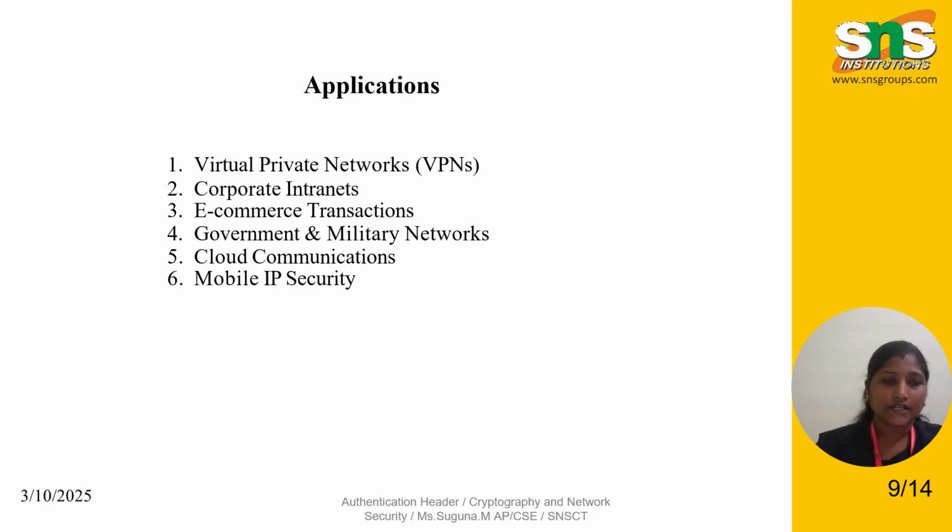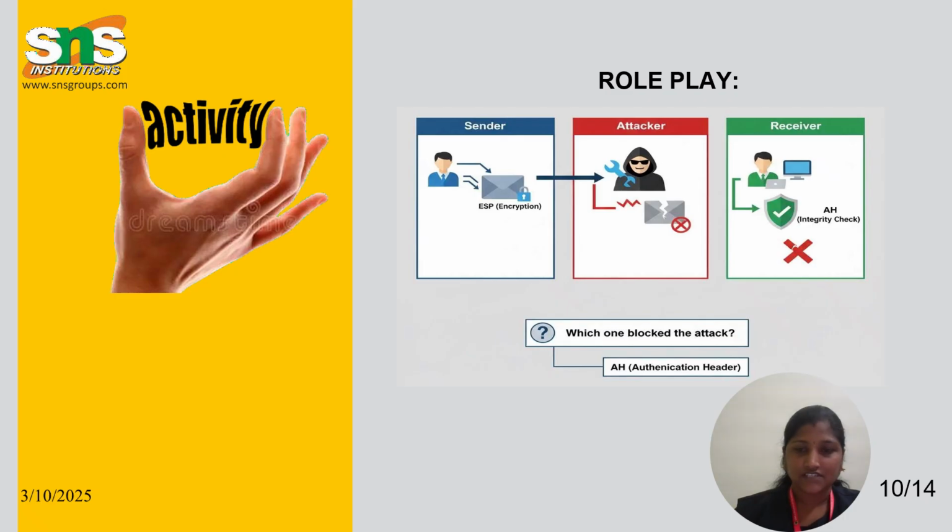Here I have given a role play activity to clearly understand the authentication header and ESP. So let's make this more interactive now. Try this activity with your classmates or teammates so that you can understand which one blocked the attack and how the authentication header helps them get back their data. I hope you clearly understand AH and ESP.